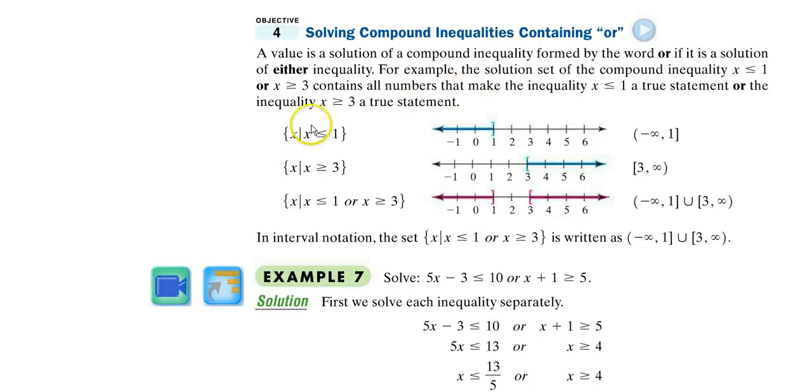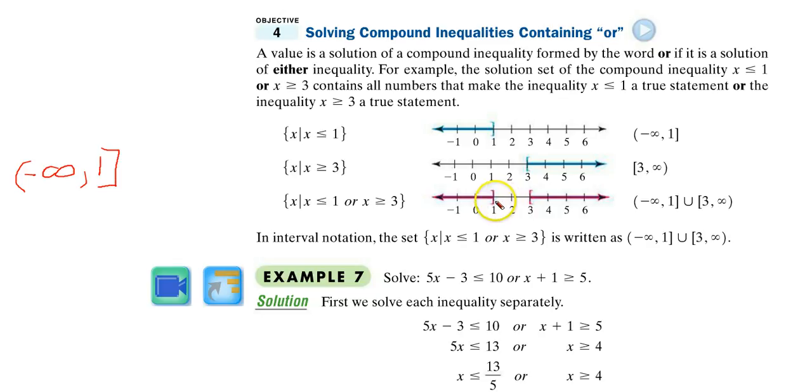Now, as we put this same data that we had before in an earlier one on number lines, we see this is x is less than or equal to 1. This is x is greater or equal to 3. There is no overlap, so there's no intersection. But when we do union, we project both of these down, and we see no intersection, but we definitely have union. So how would you write that? And the answer is, we would say that here it's coming from negative infinity, goes up to 1 with a bracket, and then there's this space.